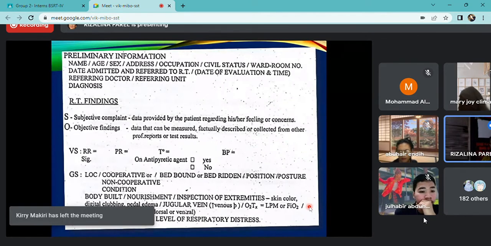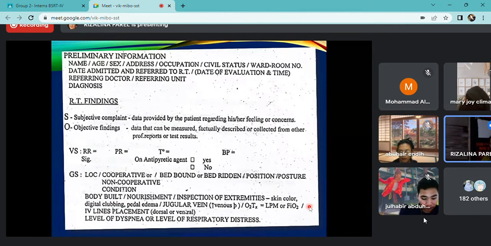And importante ito, kapag mag-ABG tayo, kung saan tayo kukuha. Sa right ba o sa left, iiwasan natin yung mga merong naka-attach na lines or placement diyan sa kanyang kamay. Okay, para hindi matrauma masyado yung left or right niya.